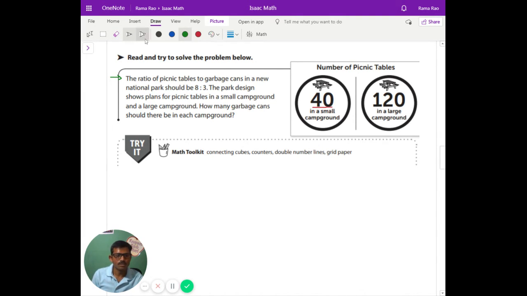I'm going to give you some information here: picnic tables to garbage cans. That means every 8 picnic tables, you need 3 garbage cans.